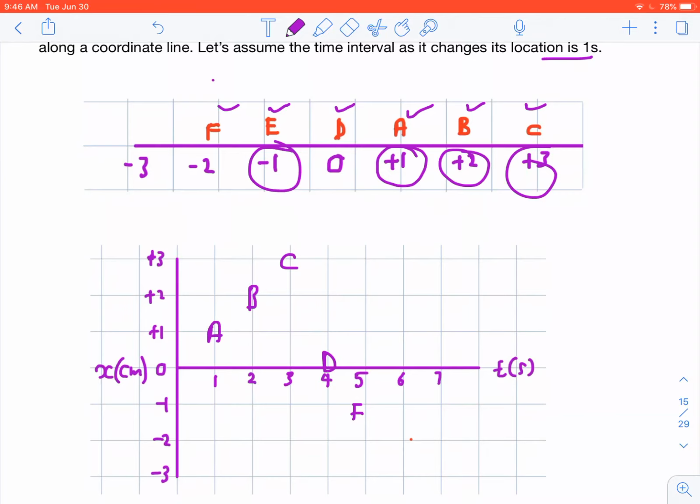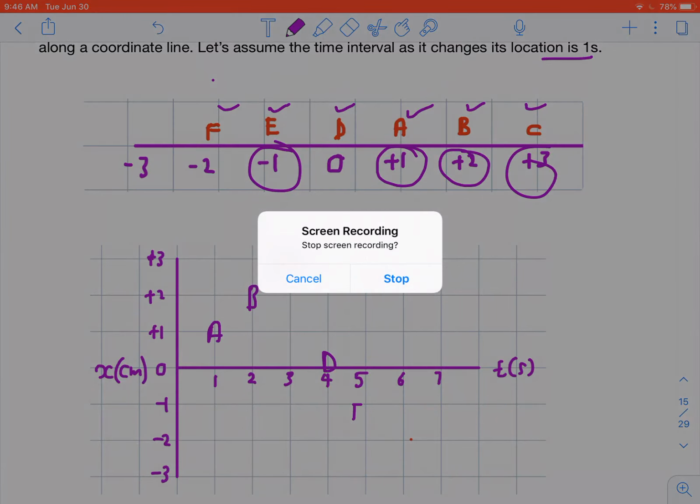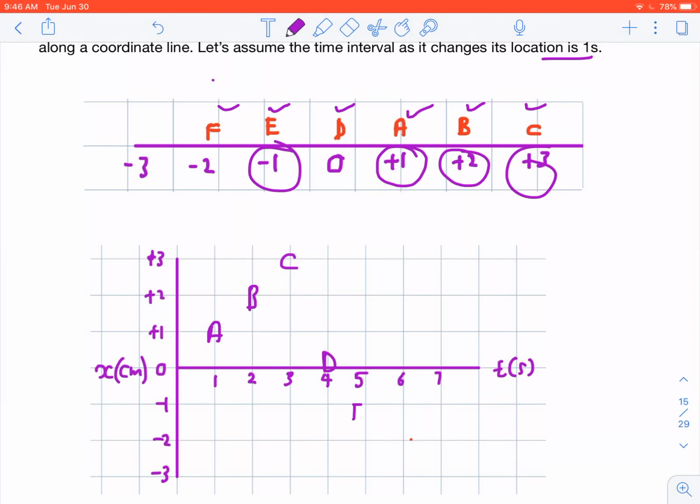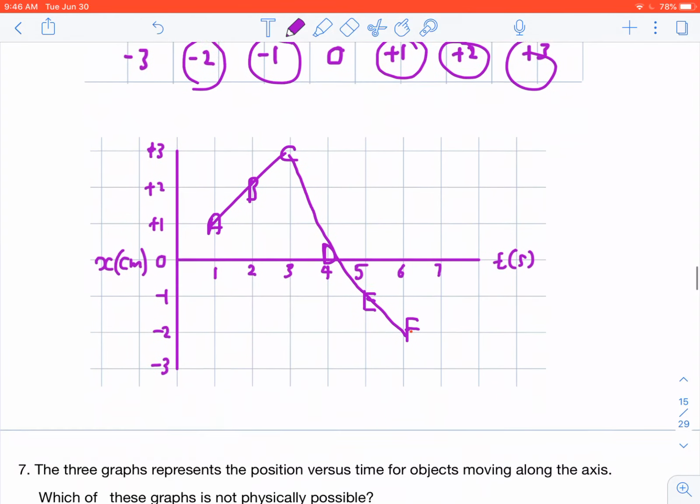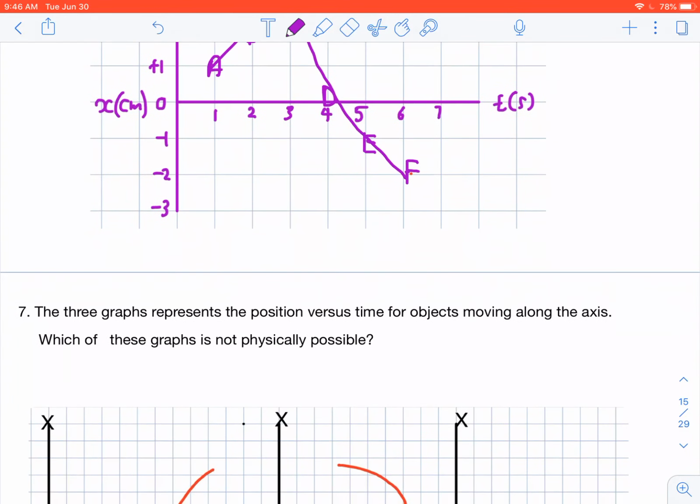We've got E, and then we've got -2, which is here, and that is F. So if we draw the line like that, we have that, moving there. Right, that's your position time graph.